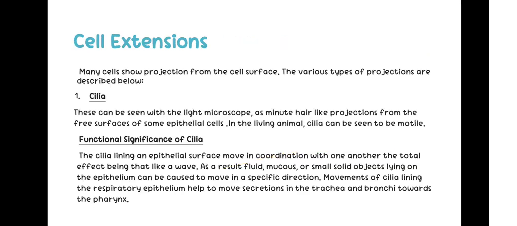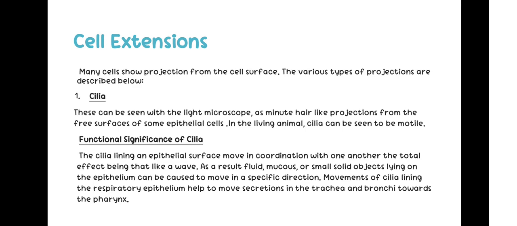As for cell extension, from the word we can say that extension means the extended part from the structure of the cell. Many cells show projections from the cell surface. The various types of projection are described below.